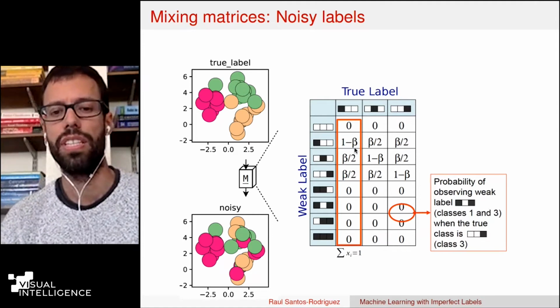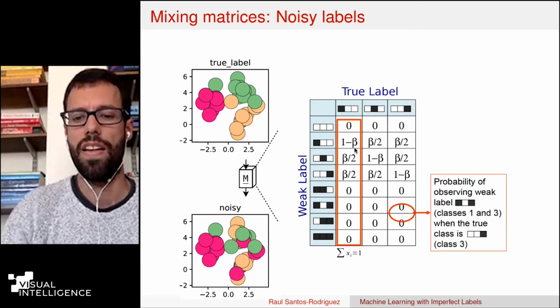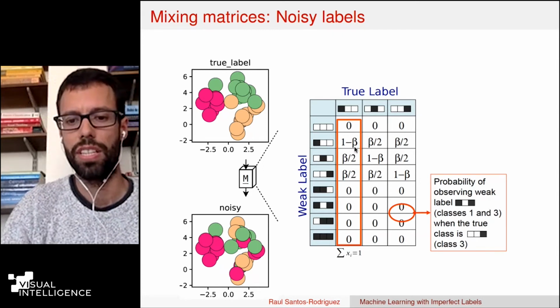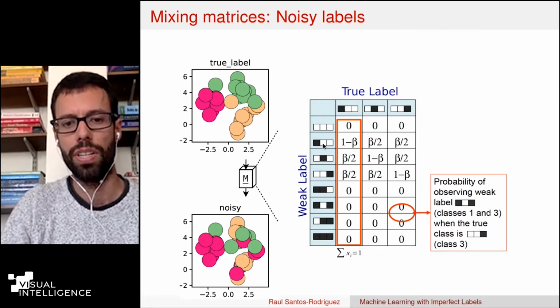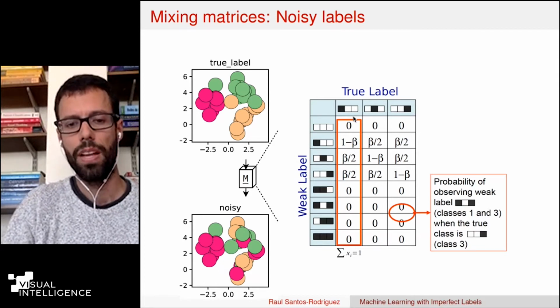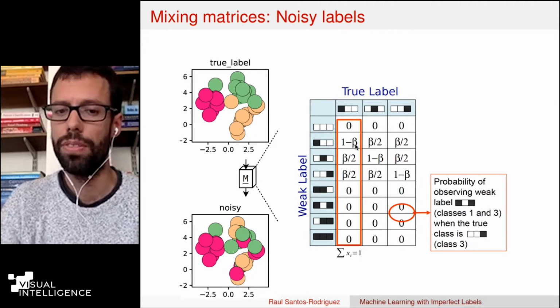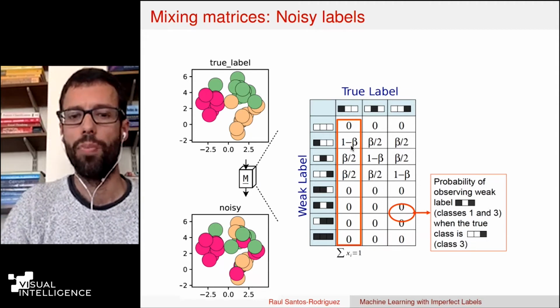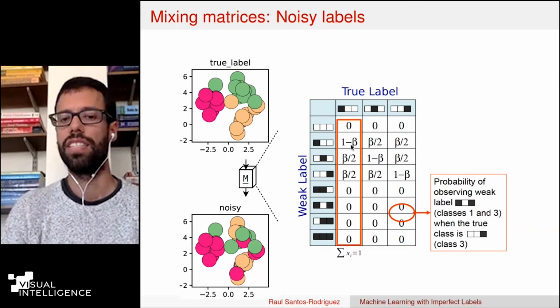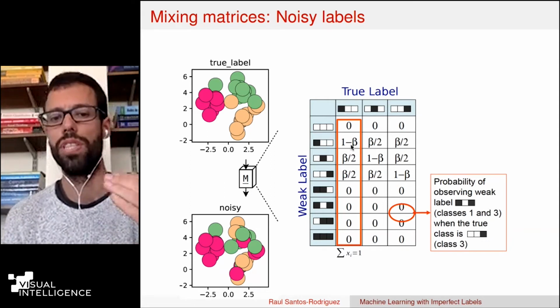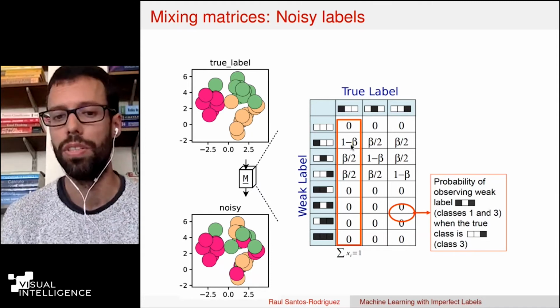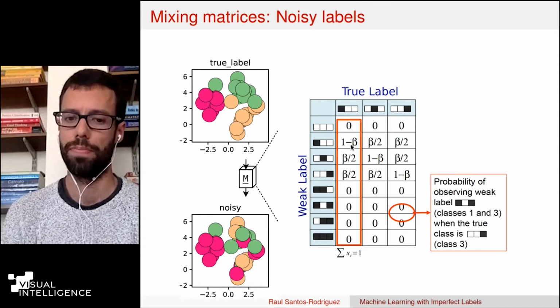You can see that an element of this matrix tells you the probability of observing a weak label given the true label. If beta is 0, then what I get is the standard supervised case. The higher beta, the more noise, and the more difficult potentially the learning problem is.